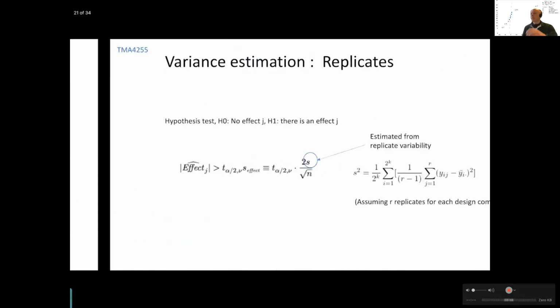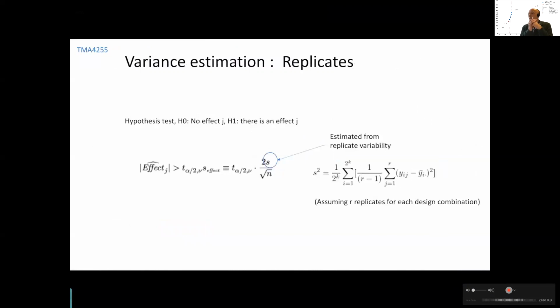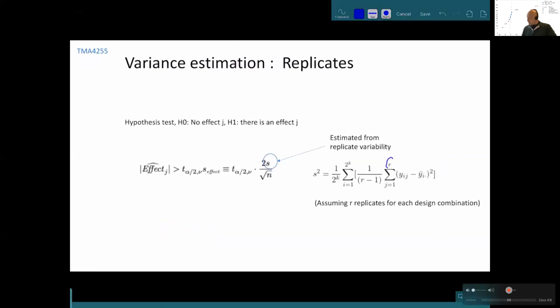Then we take the average over all replicate runs. Here I'm assuming R replicates for each combination, and then I average to compute the variability in this kind of combination, and then average those over all factorial combinations. It doesn't have to be like this. We could have some replicates for certain combinations and have differences, but this is maybe the most robust solution.